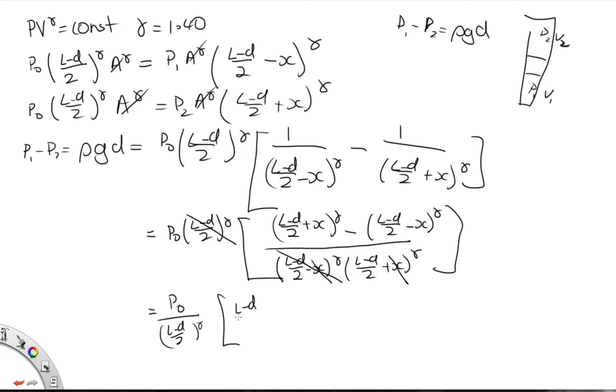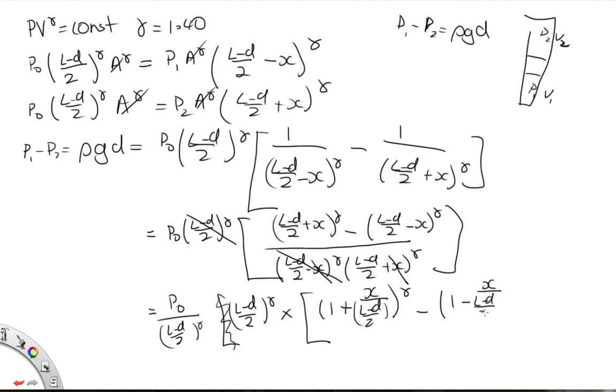So we've got (L minus D over 2) to the gamma times, this is (1 plus x over (L minus D over 2)) to the gamma minus (1 minus x over (L minus D over 2)) to the gamma.